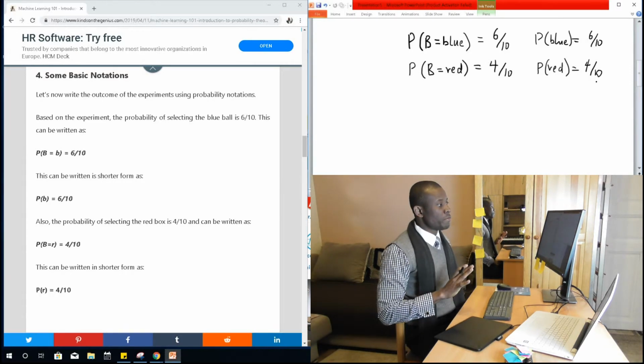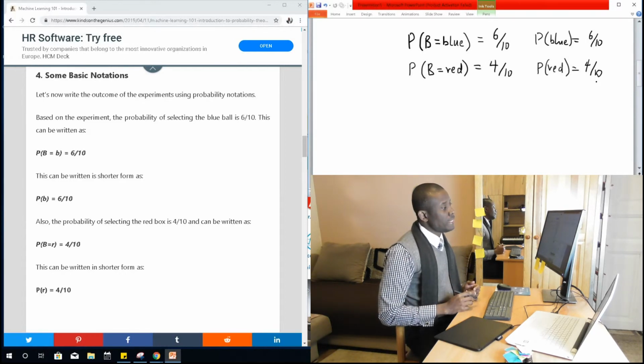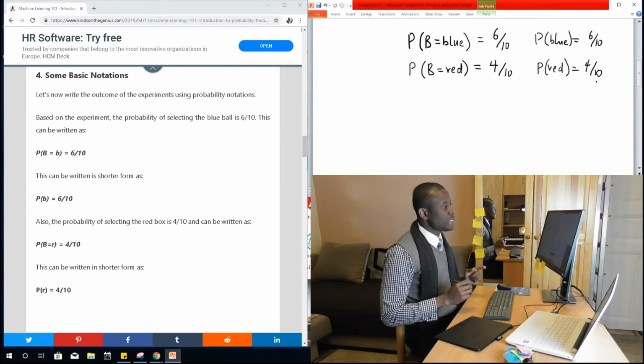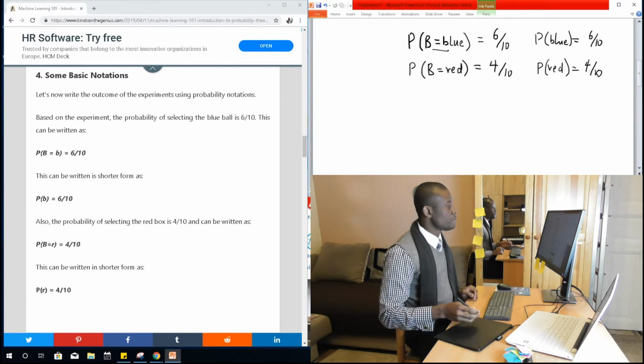So what I want you to remember from here is that random variables can take on different possible values that are the outcome of a random experiment. And now we can actually replace this equality inside the probability notation using the values of this random variable.